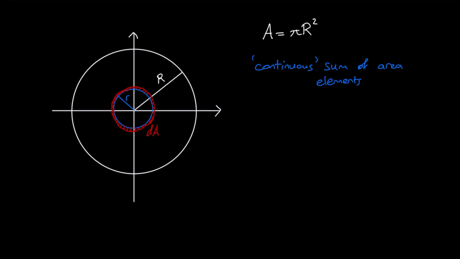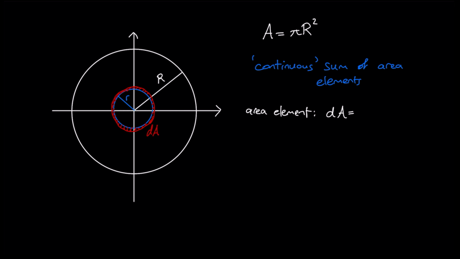So an area element is dA, and we'll notice that it's infinitesimally thin, which means it's almost essentially a circumference. So we're kind of adding together infinitely many circumferences to build up an area. So that's why we started with a reminder of the circumference of a circle.